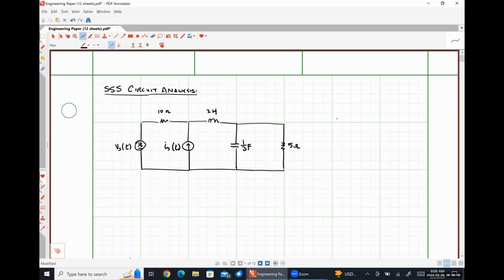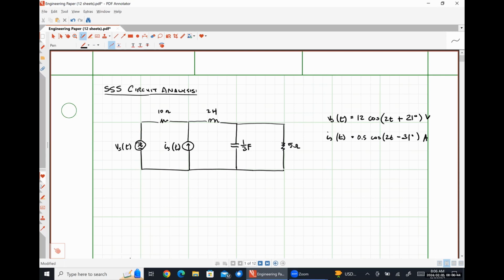The voltage Vs of t will be 12 cosine 2t plus 21 degrees. And the current Is of t will be 1/2 cosine 2t minus 31 degrees amps.